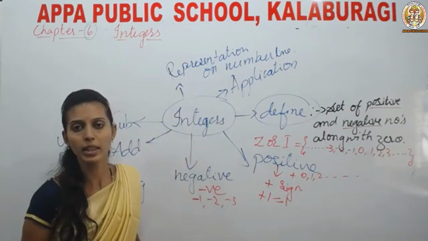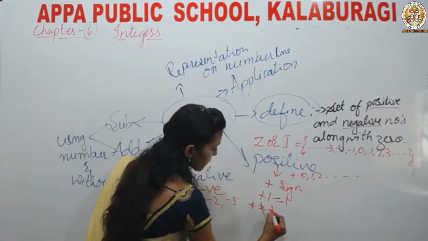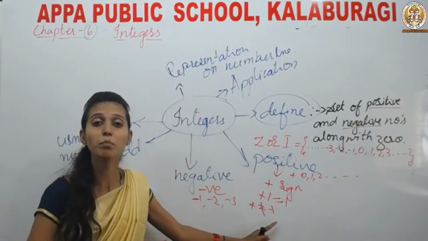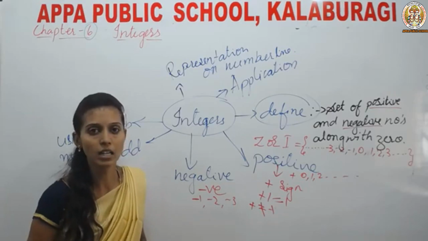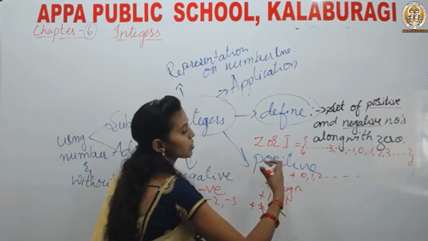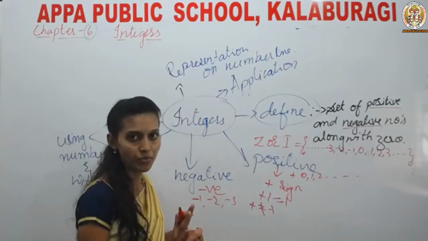There is no difference between them. But +1 is completely different from -1. It is not equal. +1 and -1 are completely different. Did you get it? So positive numbers, from 0 to infinity, the whole numbers, are positive.